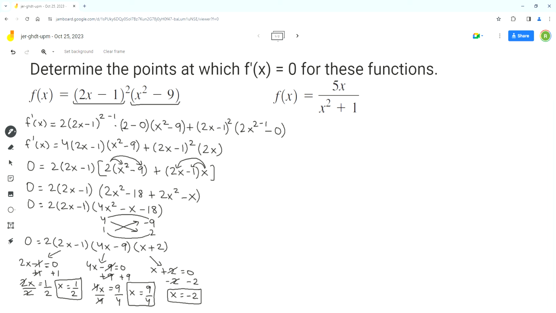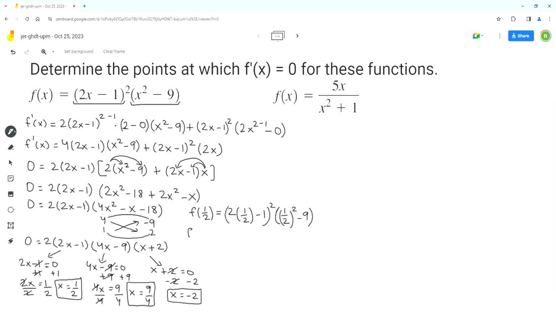Let's start with x equals half. So we do f at 1 over 2 equals 2 times 1 over 2 minus 1, and then square, times 1 over 2 squared minus 9.